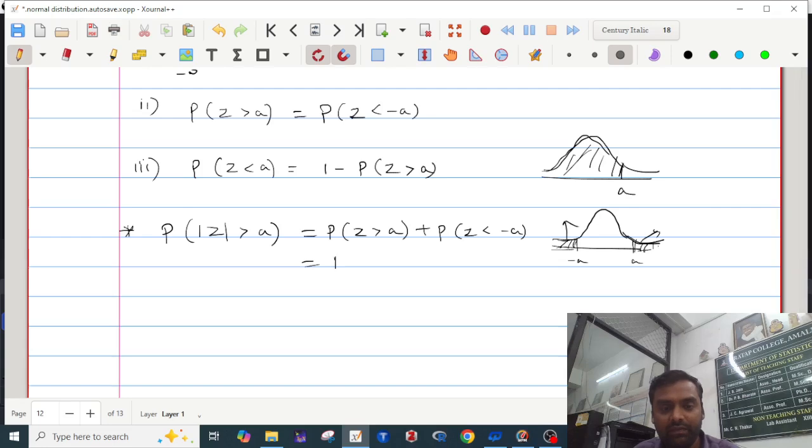Probability of z greater than a we can find out from the statistical table, and probability of z less than minus a is nothing but probability of z greater than a due to symmetry. So this is nothing but 2 times probability of z greater than a.